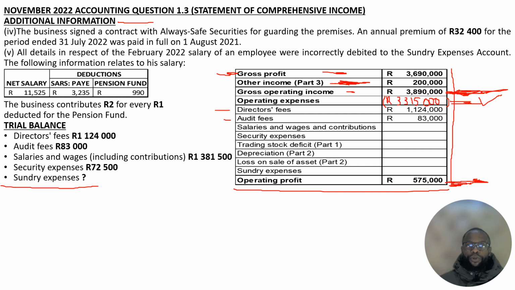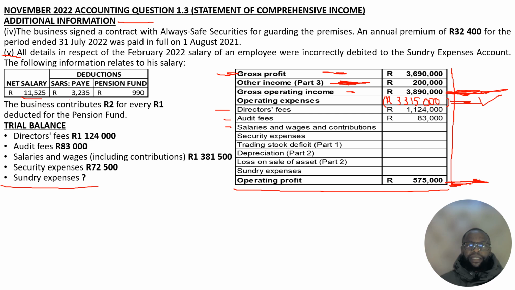Then we go to salaries. Here is the information for salaries. All details in respect of the February 2022 salary of an employee were incorrectly debited to the sundry expenses account. The following information relates to his salary. The net salary is 11,525.